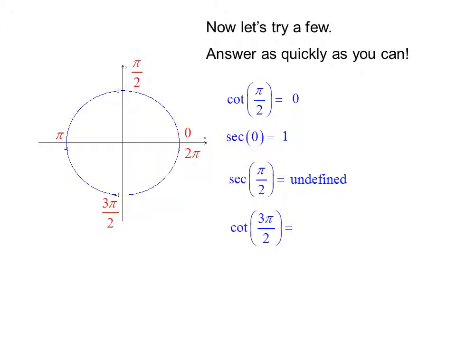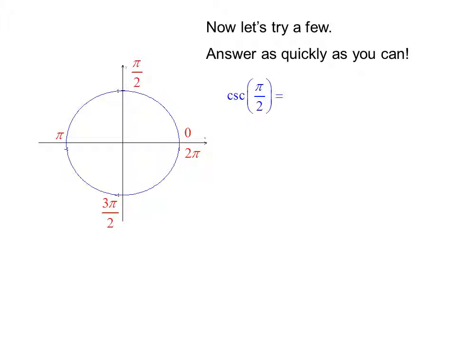Cotangent of 3 pi over 2, 0. Secant of 3 pi over 2, undefined. Cosecant of 0, undefined. Cosecant of pi over 2, 1.